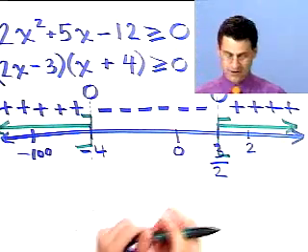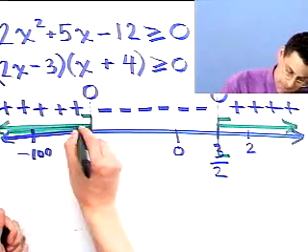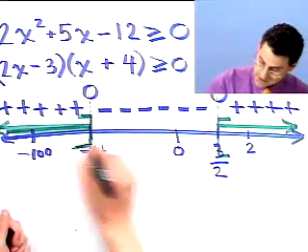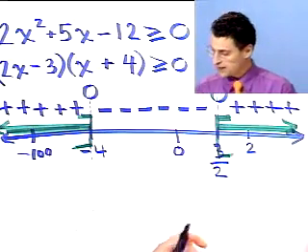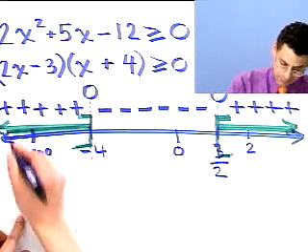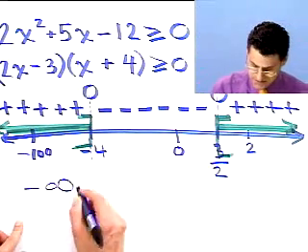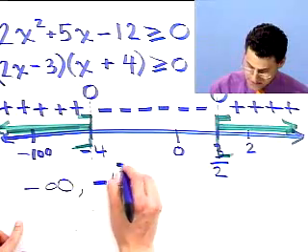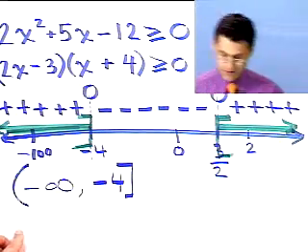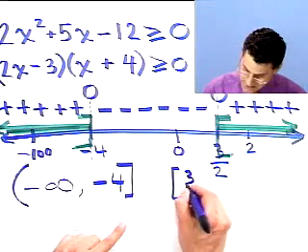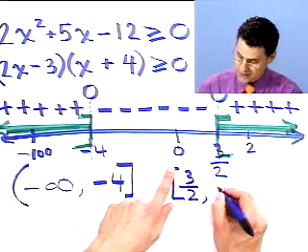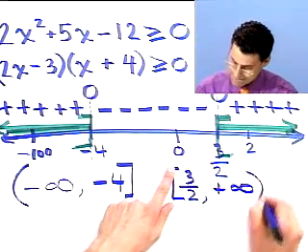You could actually use that as the graph of the solution. Some people actually will accept the answer or want the answer in this form. So in fact, the green actually represents the answer. If you wanted to write it out in interval notation, how would that look? I just would copy this down, -infinity out to -4, including the -4, but never including the negative infinity. And then I'd pick up the action at 3/2 with a bracket, because I'm including that, out to +infinity.